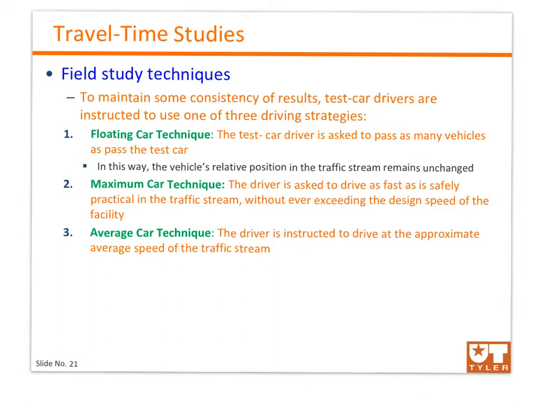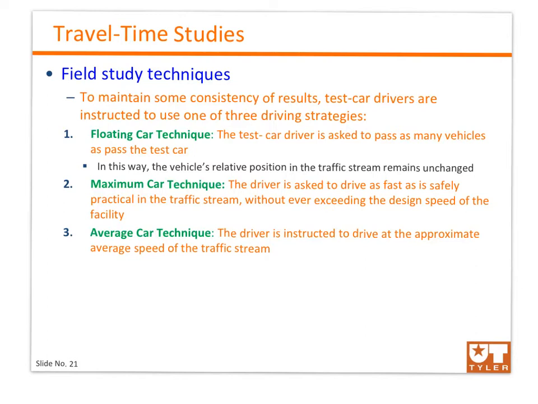There are three different field study techniques that we can use while measuring travel time, and the first one is the floating car technique. We need to be consistent, so to maintain consistency of results, test car drivers have to be instructed to use one of three different driving strategies.